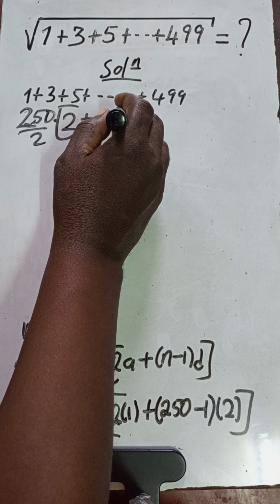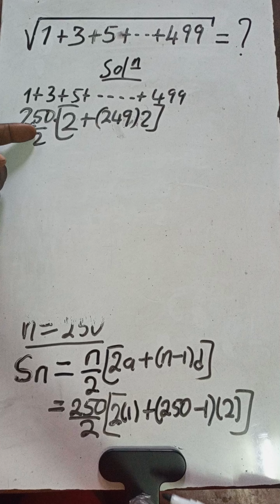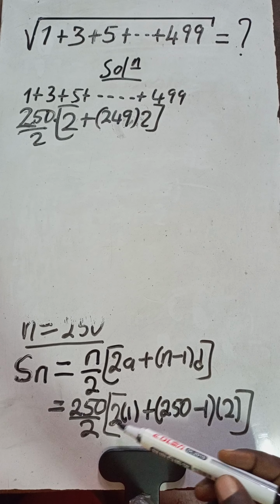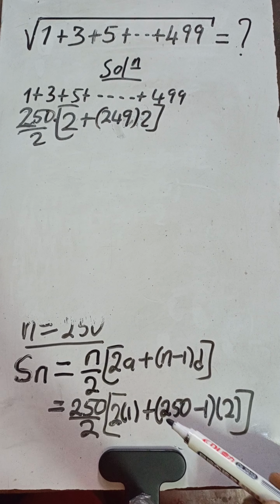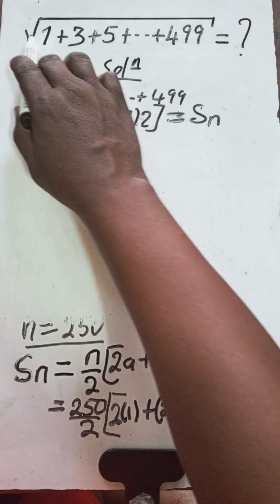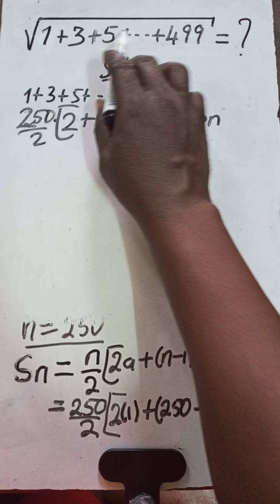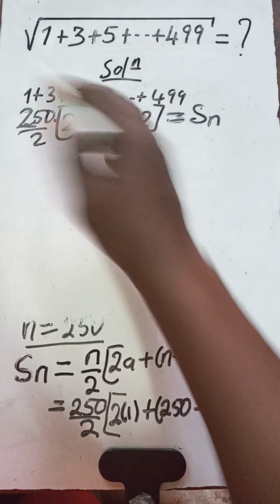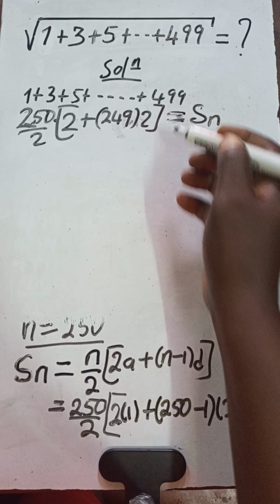All of that times 2. Okay, so we have just evaluated this. 250 all over 2, there it is. Into 2 times 1, that is it. And then 250 minus 1 is 249. Multiply by 2. Now, this should give us our sum. This sum here, we'll call it Sn. We want to get that value. Then later on, we'll get the square root. All right, we want to get that sum.